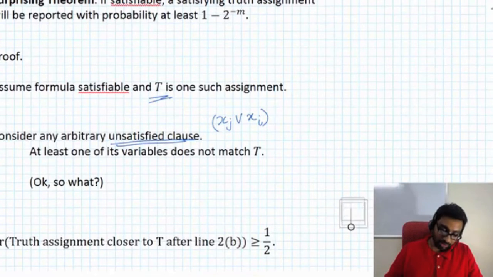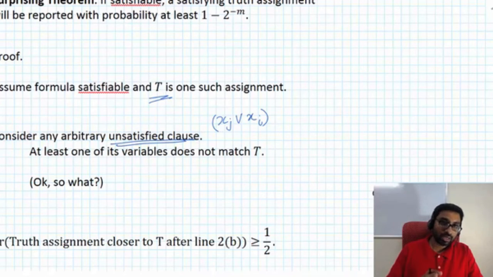Okay. Well, so what? This is not very surprising, but why is this important and why is this useful? Well, it's very useful because now we can say that if we choose such an unsatisfying clause, which is what the algorithm does, it chooses one of these unsatisfying clauses and picks one of these variables uniformly at random and flips their value.